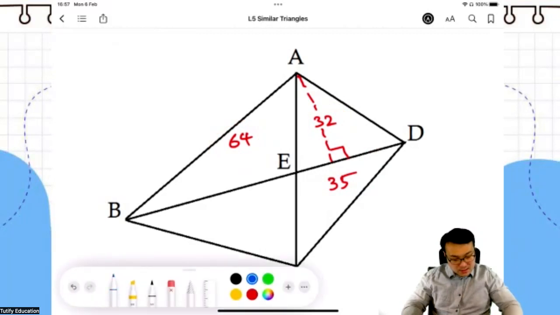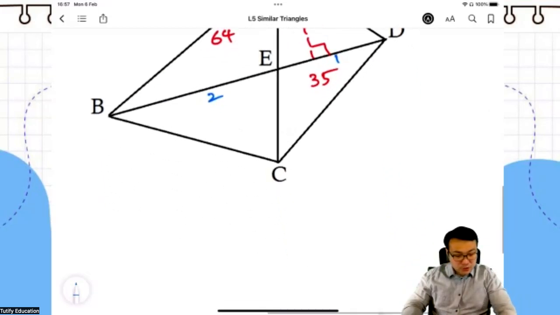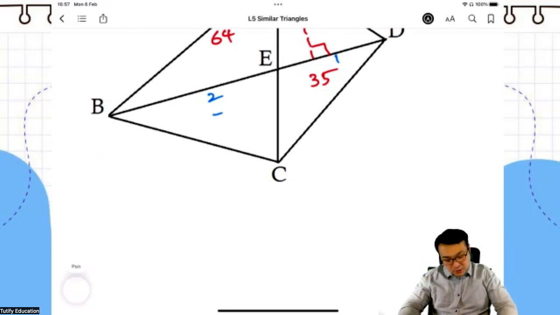So can I say that the base is also 2:1? Yes. Very good. Now you already know the ratio 2:1. Now I want you to look at this triangle 35, and I want you to look at this question mark. What do you think is the area of the question mark? 70 cm square. 70. Very good.